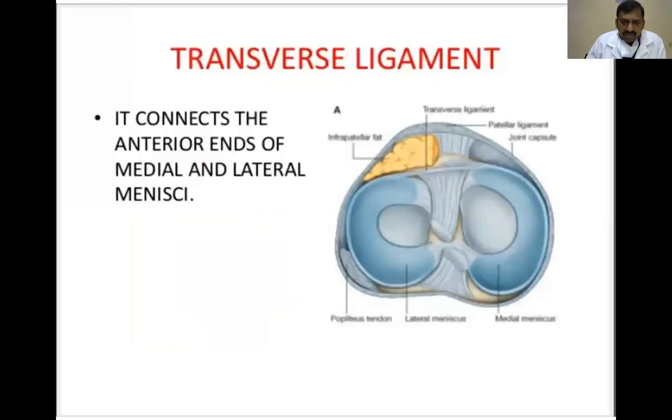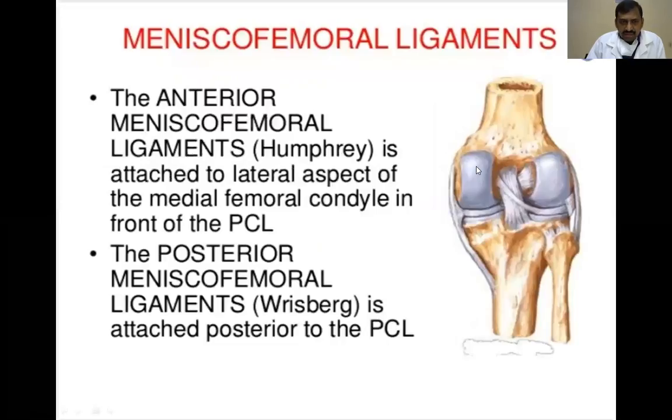Another ligament is the transverse ligament, which connects the anterior ends of the medial and lateral menisci. Next are the meniscofemoral ligaments, running from the meniscus to the femur.